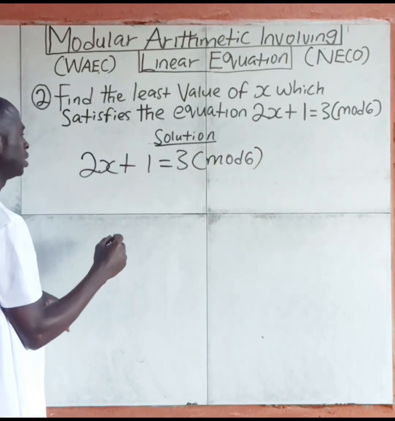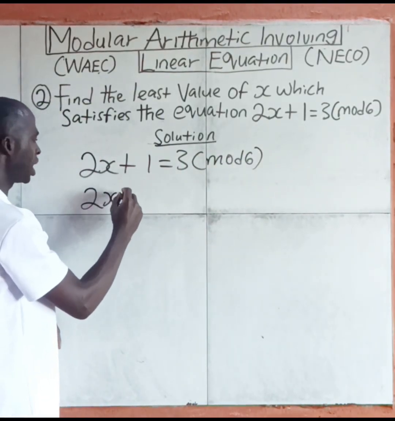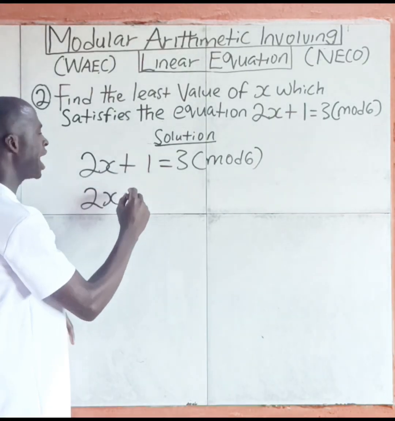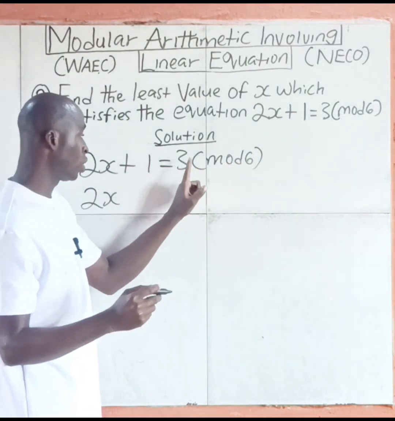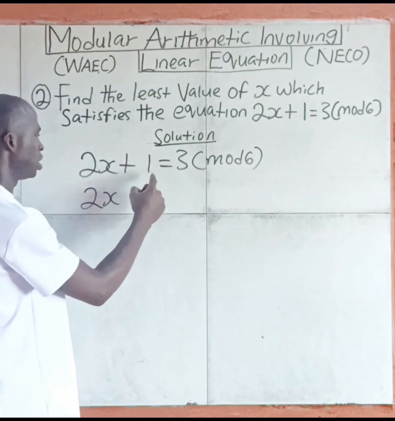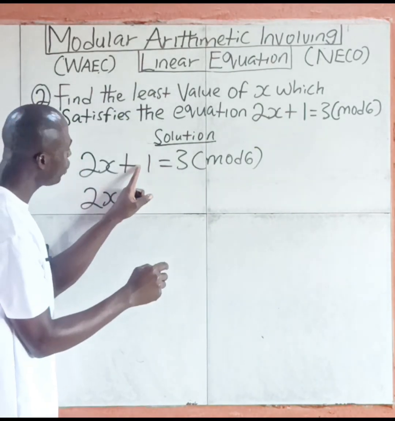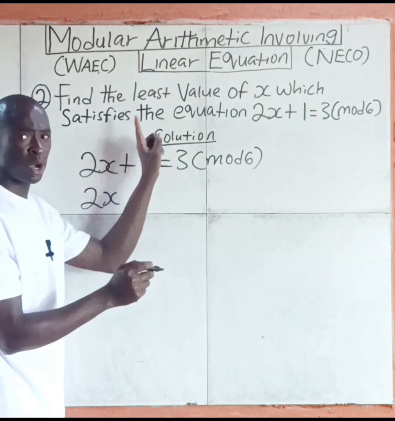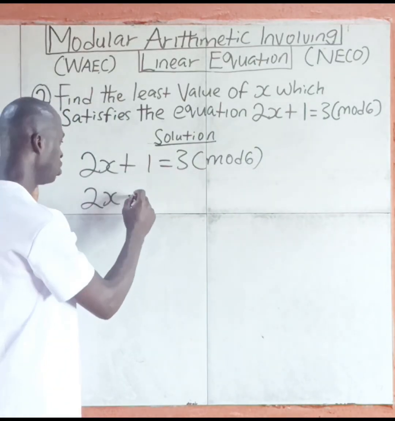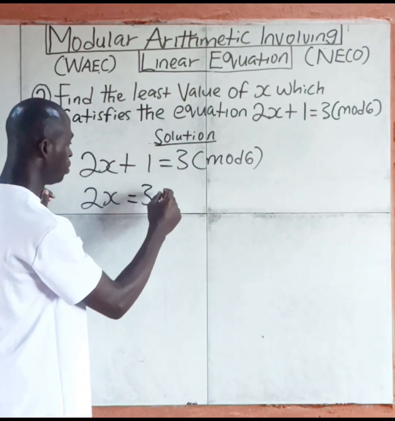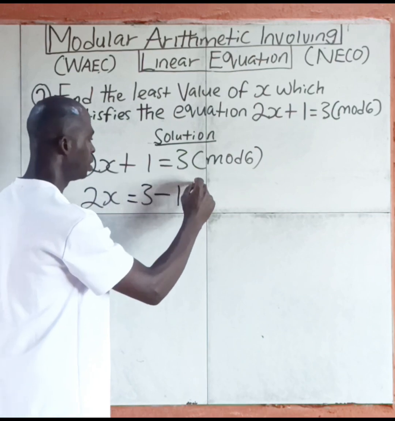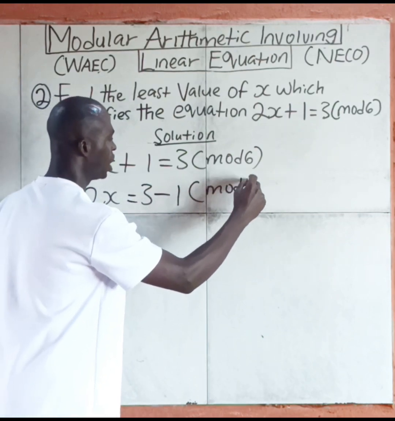Like I said in question 1, we are looking for the multiples of 6 we are going to add to this side. Just wait. Now, we have a plus 1 here. The plus 1 will go across the equal to sign. This 3 is already here. If the plus 1 is going, it becomes a negative 1.